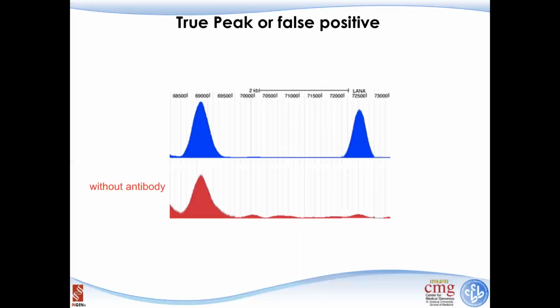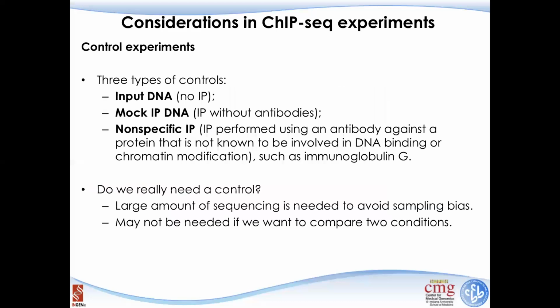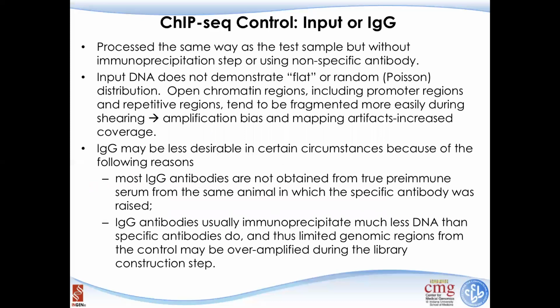For example, if we call this wild type and this treatment, and after the treatment they will diminish, then we can say, okay, we get a difference. We only care about the difference. Then maybe we don't need a control because both of them will have the same background. So if you want to save money, it's fine. You don't need a control.